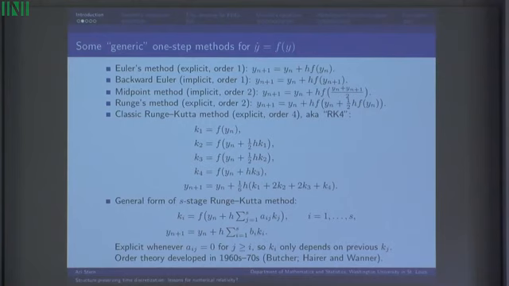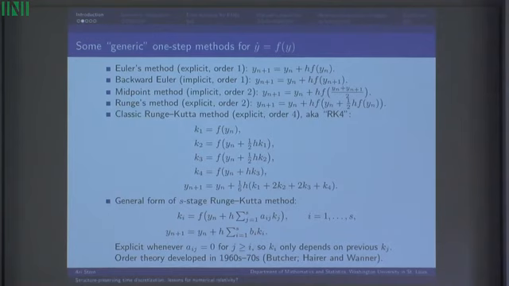And in general, the general form of a Runge-Kutta method with s stages is we basically define these stages k sub i, which are approximately f evaluated at some point, which is determined from the previous step yn, and these coefficients aij, and the other stages kj. Right?